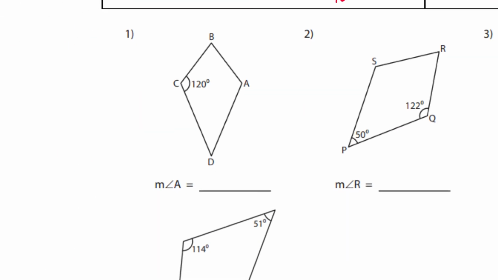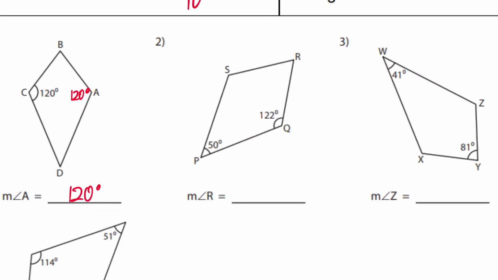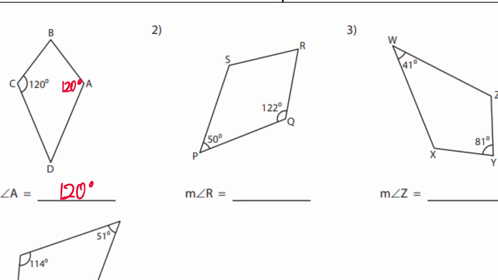So down here on number 1, as I look for angle A, you think angle A is going to equal 120, yes, because it's easy to see in a kite how these two angles would be the same. Angle B and angle D would not be the same. On number 2, it's asking for angle R. But first, how big is angle S? 122.